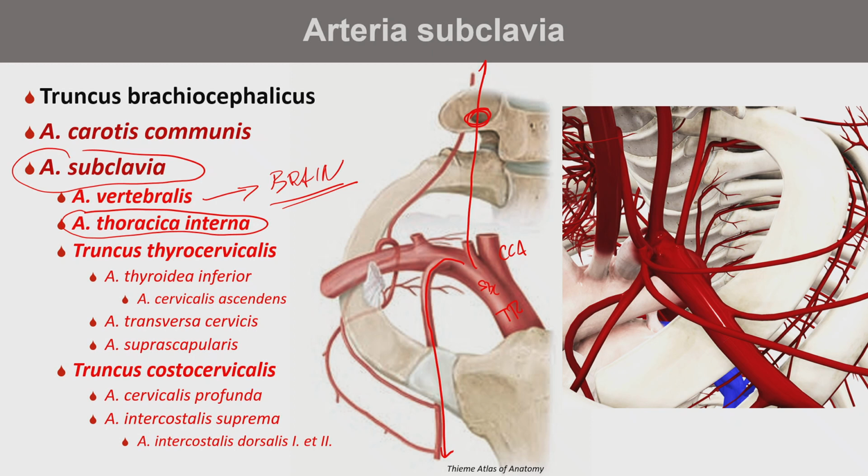The third branch of the subclavian artery is this one. This branch is called the thyrocervical trunk. The thyrocervical trunk, like you can hear from the name, is supplying the thyroid gland and also cervical tissues. The most important branch is the inferior thyroid artery, supplying other parts of the thyroid gland.